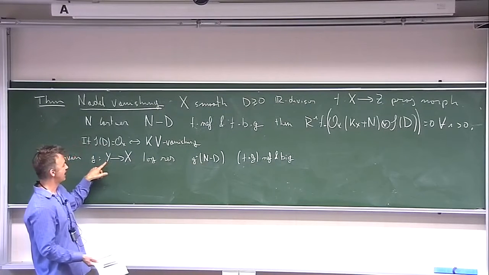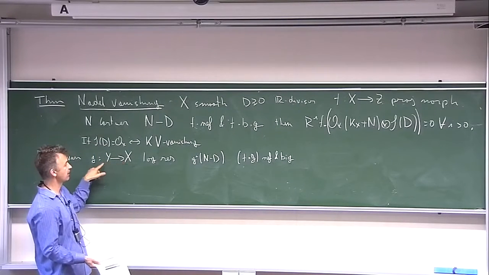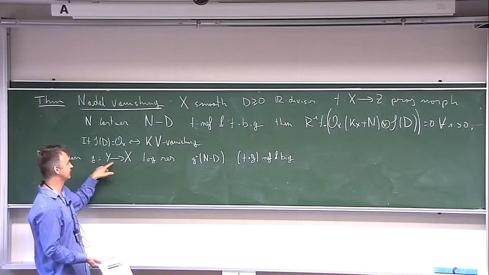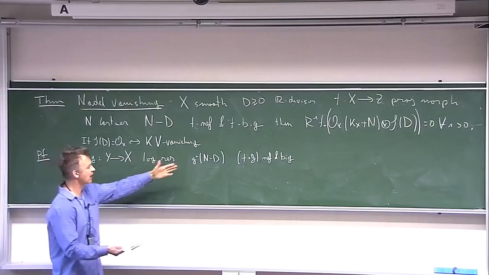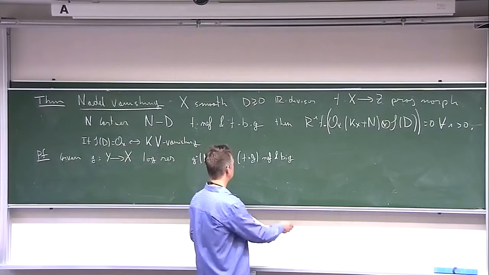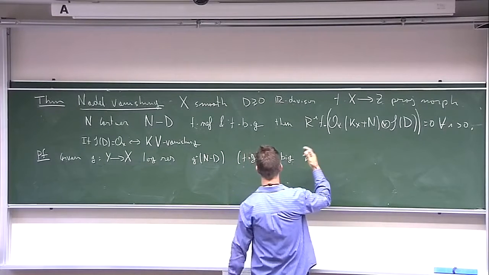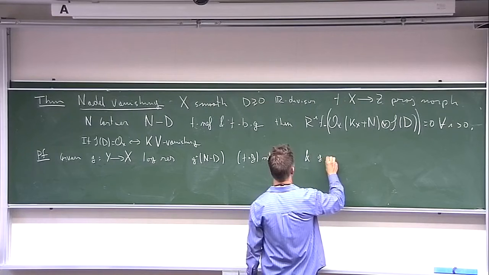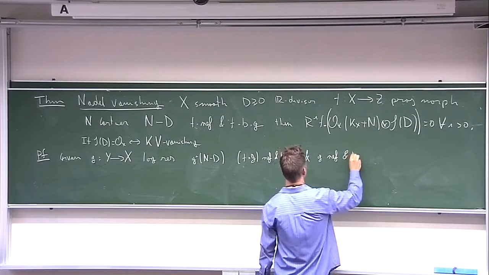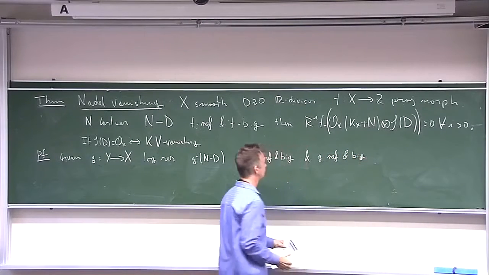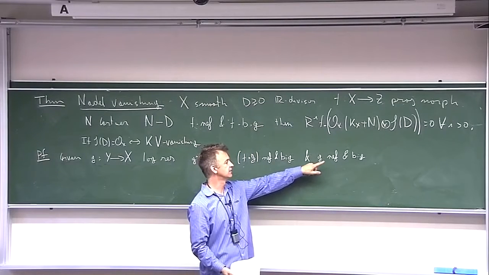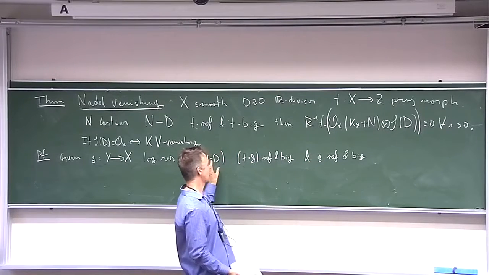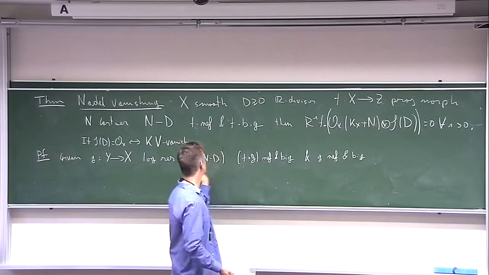And as a map from Y to X, this is a birational map, so this is automatically big from here to here. So I'm really not saying anything. And so, in fact, by what I just said, it's trivial that this is also G-nef and big. There are certainly fewer curves to check, to intersect this gadget against, to check that it's G-nef, and G-big is just a birational map. There's nothing to it.